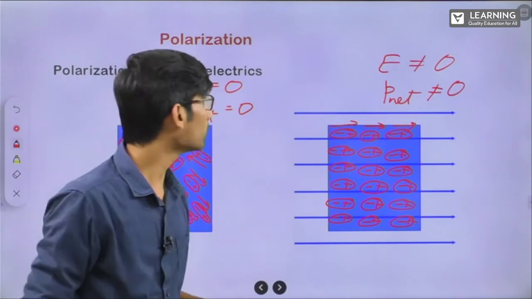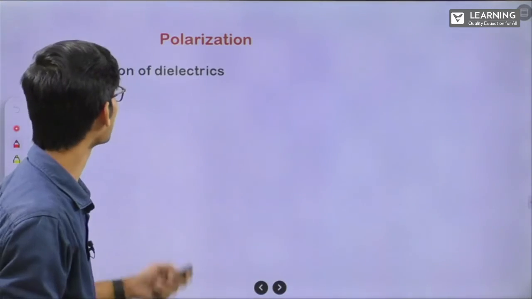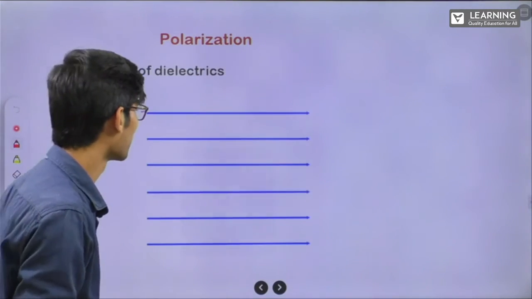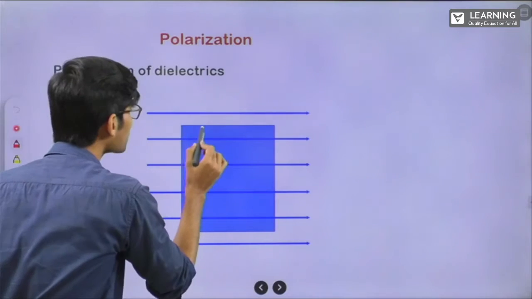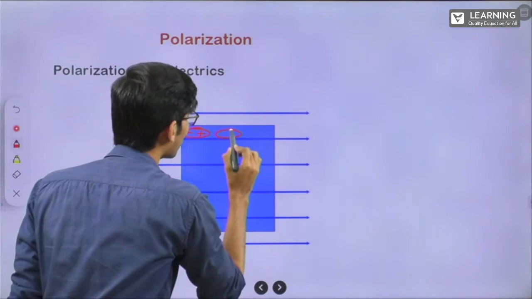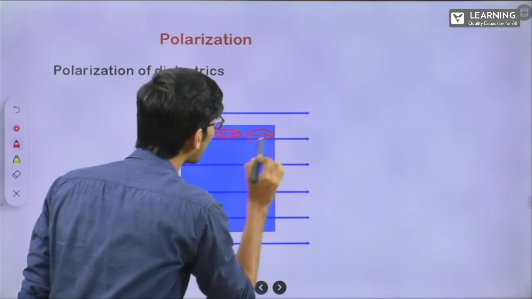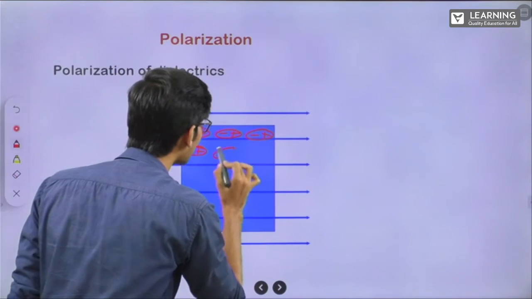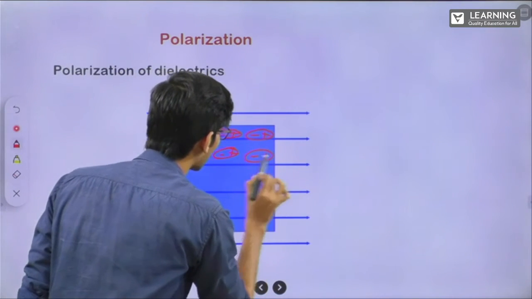All right, now let's understand polarization properly. So finally what we got to know is, it will be something like this. Whether it is a non-polar dielectric or a polar dielectric, once the electric field is on, it behaves same.